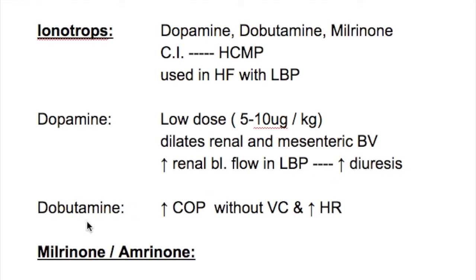Whereas dobutamine increases the cardiac output without vasoconstriction and without an increase in heart rate. So dopamine causes vasodilation in renal blood vessels and is used in heart failure with hypotension. But dobutamine does not cause vasodilatation, so it's only used in heart failure.